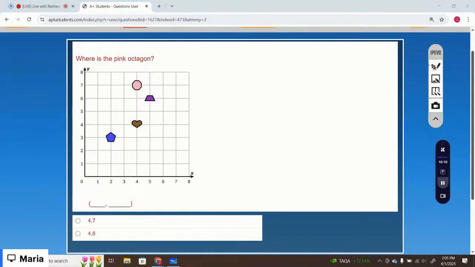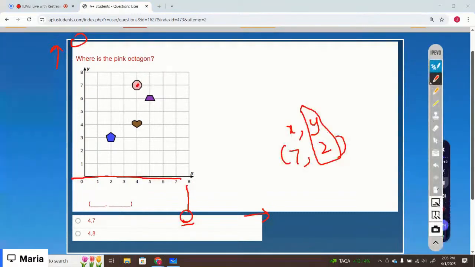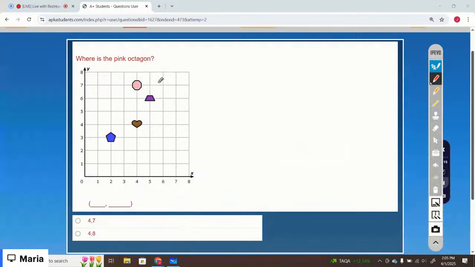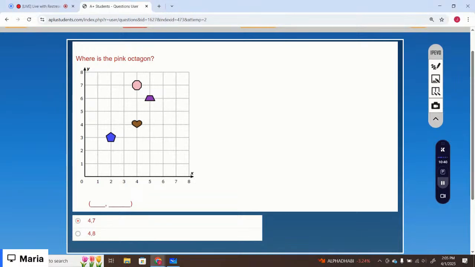Okay, so let's just see. Where is the pink octagon, right? Where means you have to see the coordinates of the pink octagon. Just match it to the x-axis and then to the y-axis. That is 4 and 7. So the pink octagon is at 4 and 7. Option number 1 is the correct option.